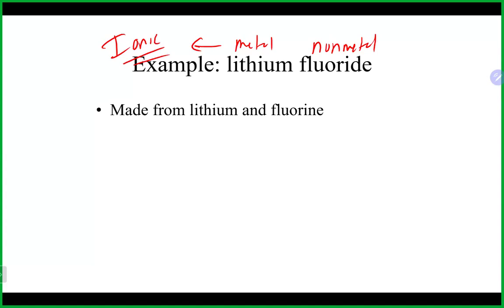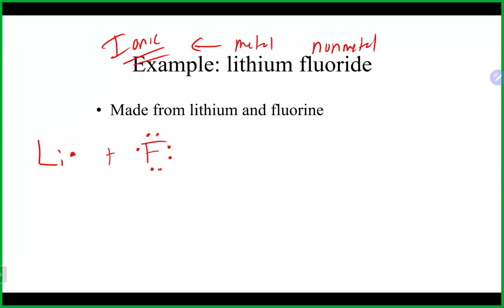And in this case, we could represent what's happening here by looking at our Lewis symbols. Lithium, which is group 1, will have 1 valence electron. And fluorine, which is group number 7, will then have 7 valence electrons here.